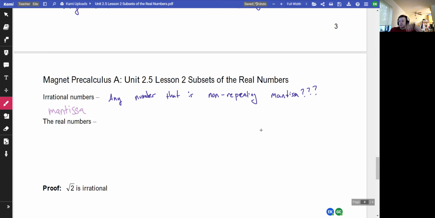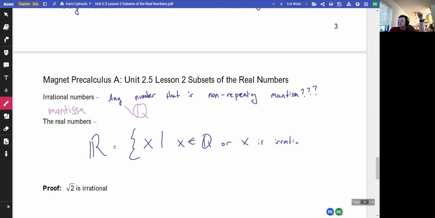All right. So with that said, we have now defined the natural numbers, the integers, the even numbers, the odd numbers, the rational numbers, the irrational numbers. What are the real numbers going to be? The union of the irrationals and the rationals. The real numbers are the set of numbers such that x is rational or x is irrational.